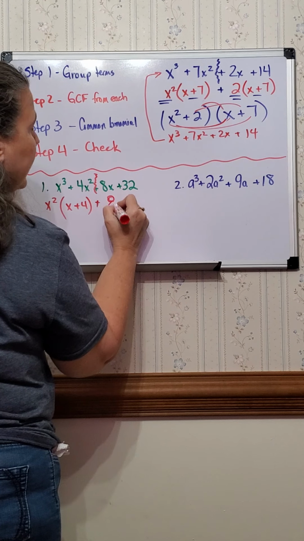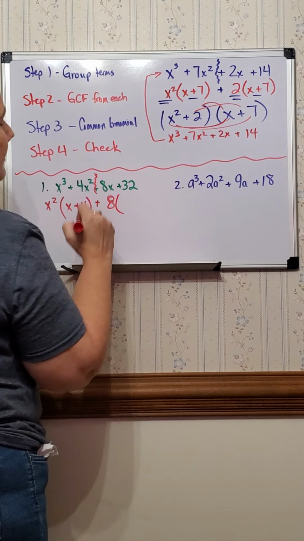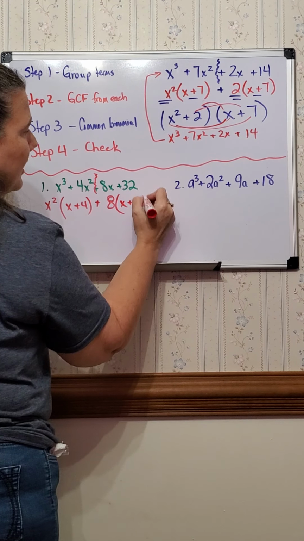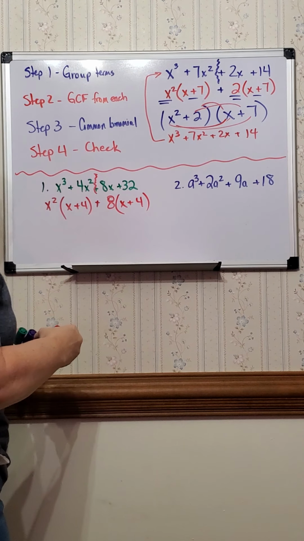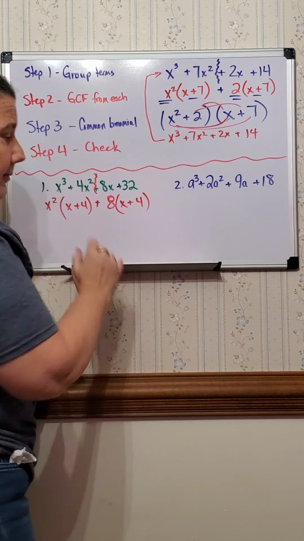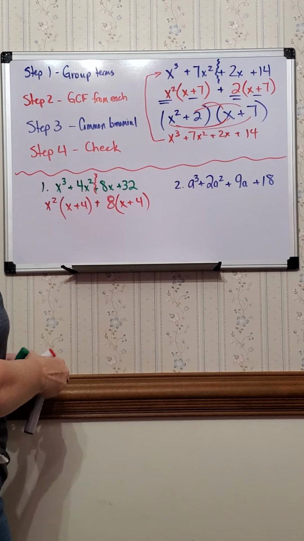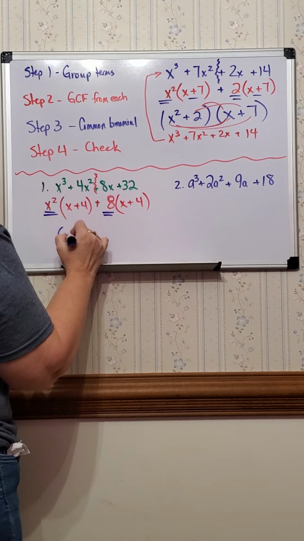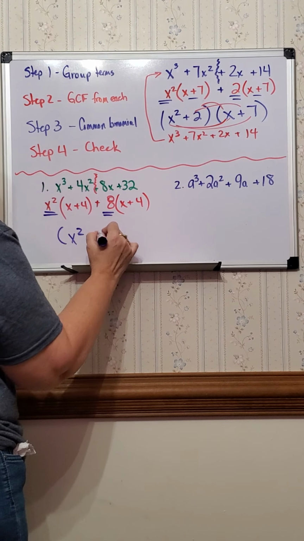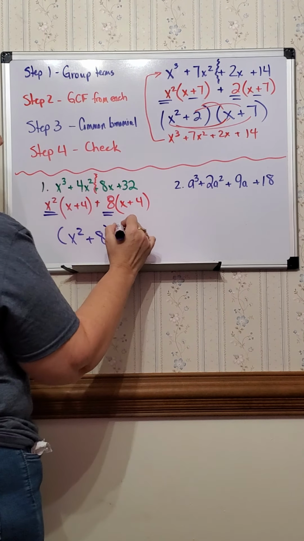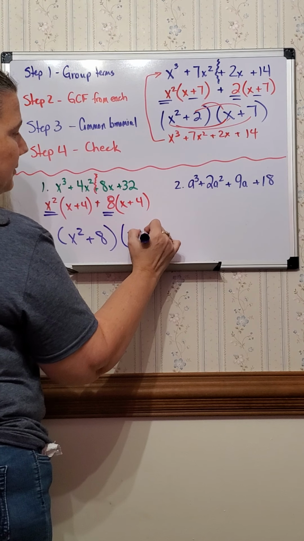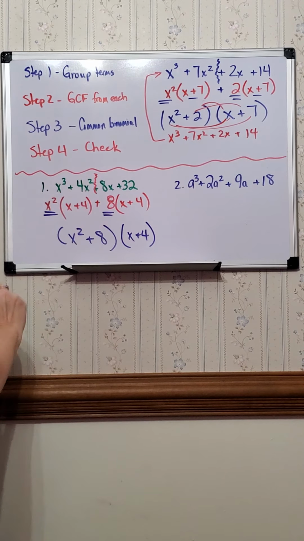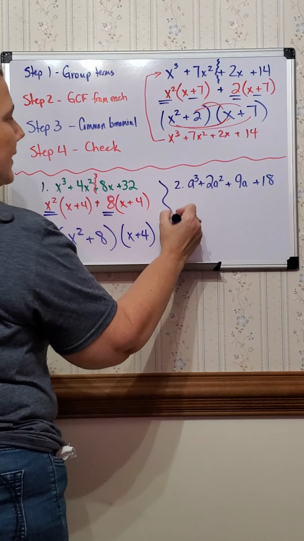Ooh, I can pull out an 8. I can pull out an 8 there. When I pull that out, that's going to leave me x plus 4. Again, you notice these 2 are the same. And that's what I want. I want those to be the same. I'm going to combine this one and this one to give me my first factor. And then I'm going to use that x plus 4. Again, if I work this out, I would get that right there.